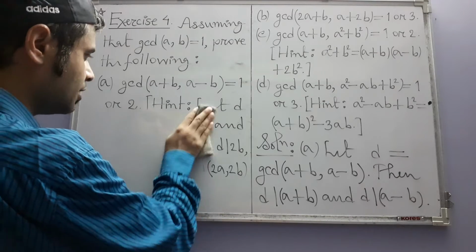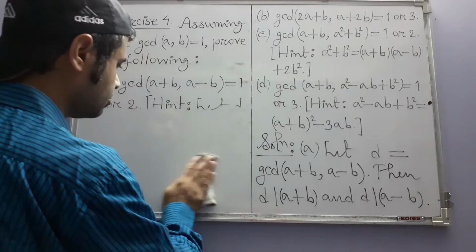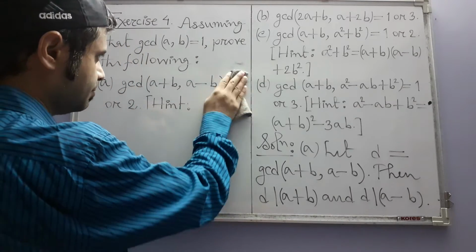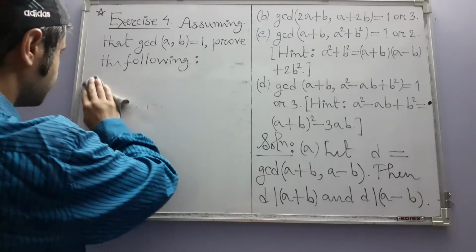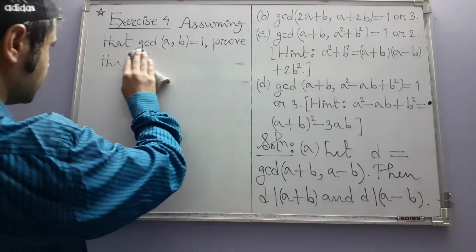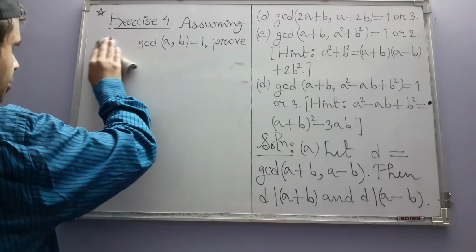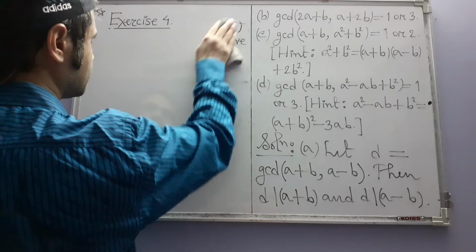Then from these two divisibility relations, we are now going to show that D divides 2a and 2b, which I think you can already see how to do. Because D divides these two integers, D would divide both their sum as well as their difference.